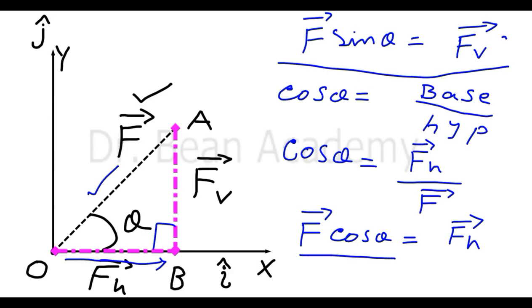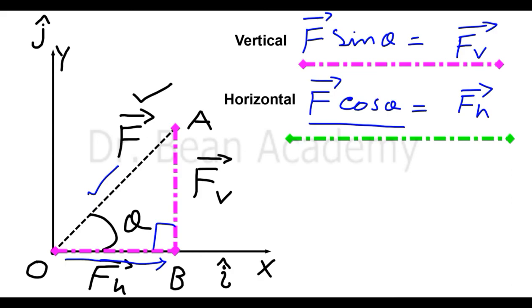So here I have the vertical component and here I have the horizontal component of force F. So these trigonometric ratios sine of theta and cosine of theta help me to find vertical and horizontal components of force F. Let's rewrite vector F.